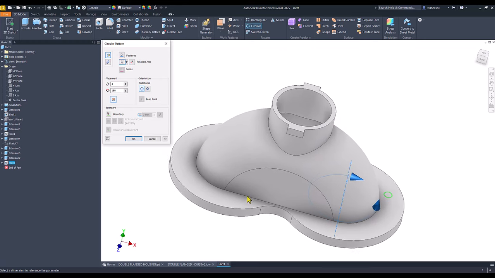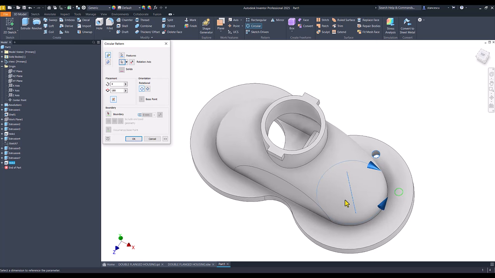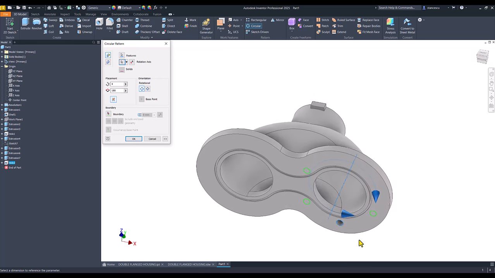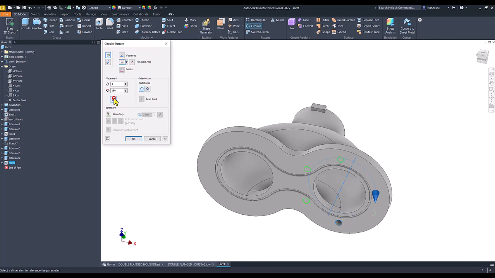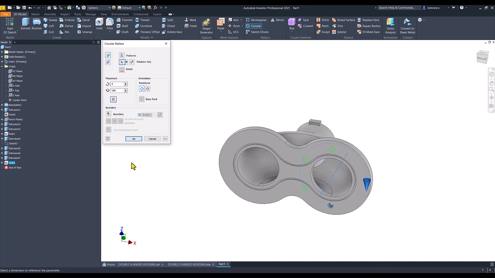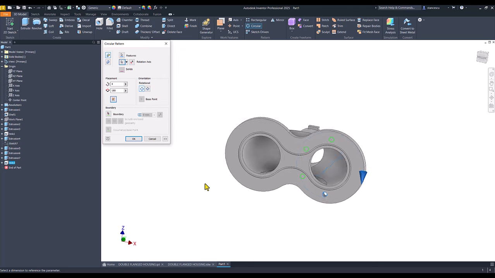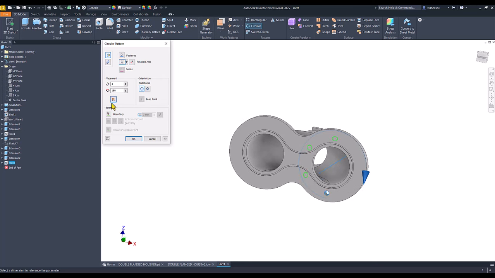Four, 180 is this one. No, the other direction. This is the solution, rotation axis. Okay.